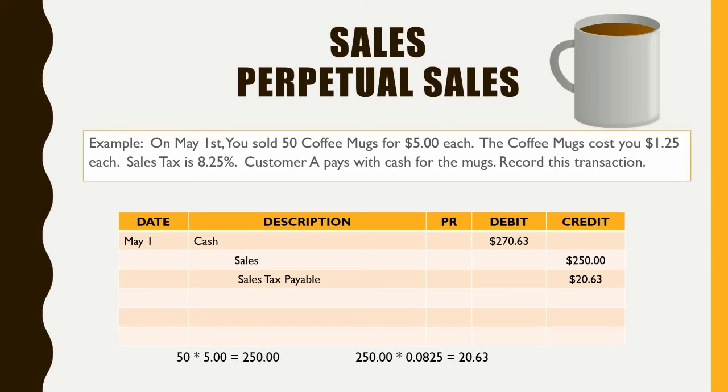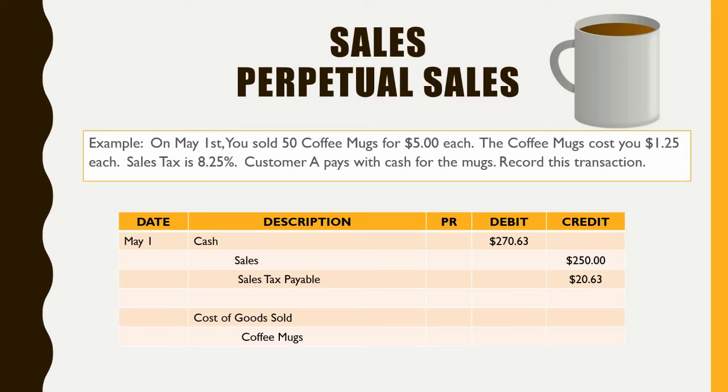Once you recognize that you got rid of those 50 coffee mugs, you now need to update your inventory, right? You need to figure out how much it costs you. Of course, when we dive into chapter 8, that's where you're going to get the cost of goods sold, because we have to deal with the costing methods, right? But right here, I gave you that each coffee mug cost you $1.25.